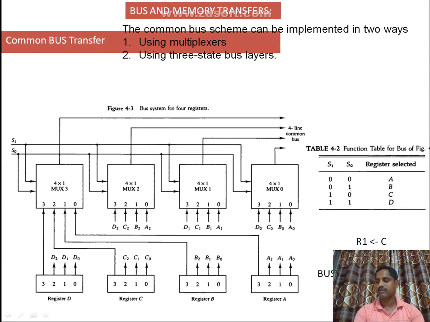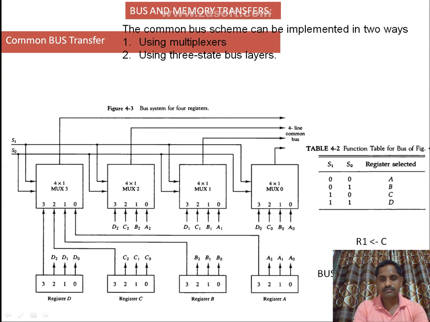The construction of a bus system for four registers, register A, register B, register C and register D, with bits A0, A1, A2, A3, B0, B1, B2, B3, C0, C1, C2, C3, D0, D1, D2, D3.